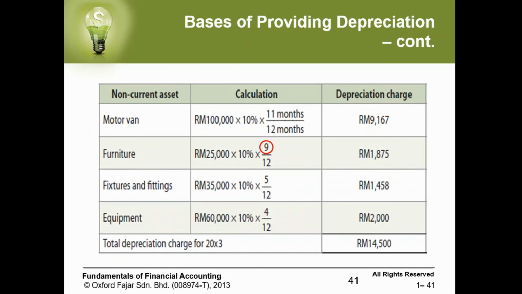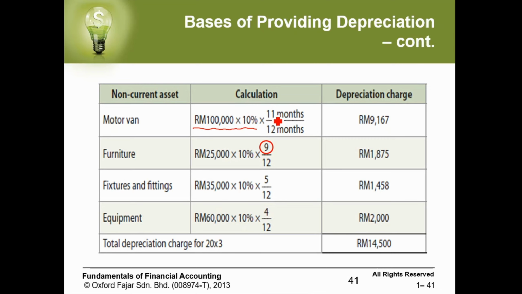So let's see how the calculation will be. For the first asset, we said we hold it for 11 months. The normal way, as a normal straight line, is to multiply the cost of the asset by the depreciation percentage. This is a year-to-year basis.